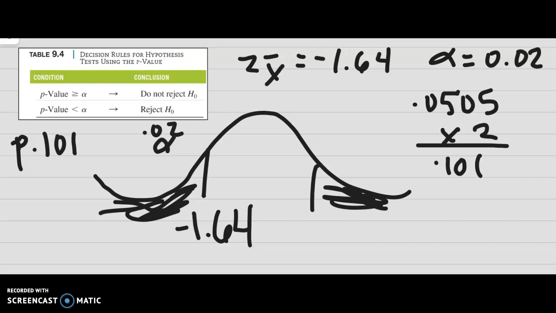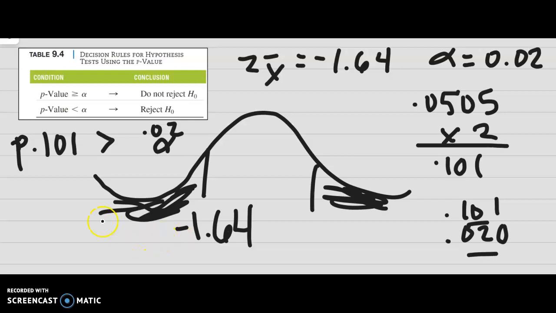So clearly 0.1 is larger than 0.02. Okay, and if you have trouble comparing decimals, line them up. You can fill in the 0 there, and you can see that 101 is bigger than 20.